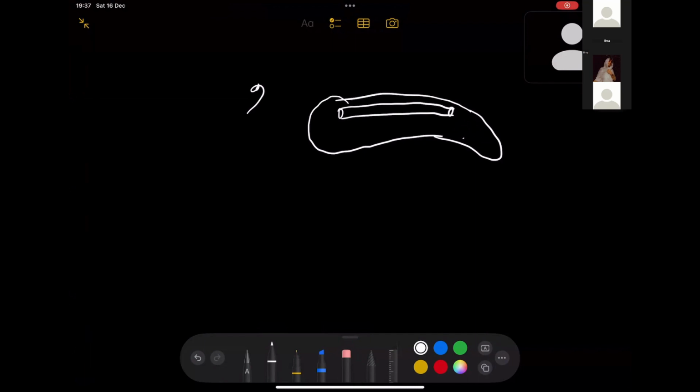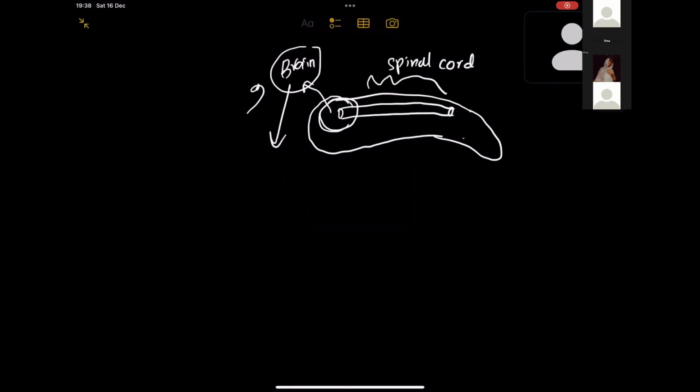The hollow dorsal nerve cord in the anterior portion will enlarge and form the brain, while the posterior portion will remain as the spinal cord. That's the normal way it is. The brain part only will form into these irregular shaped cavities called the ventricles. So that's the first thing.